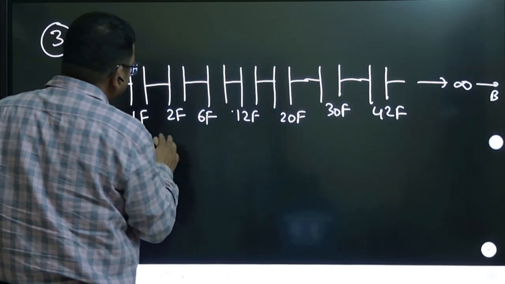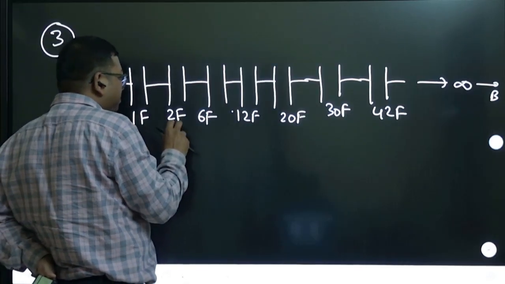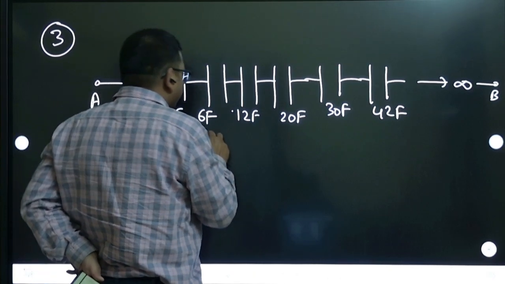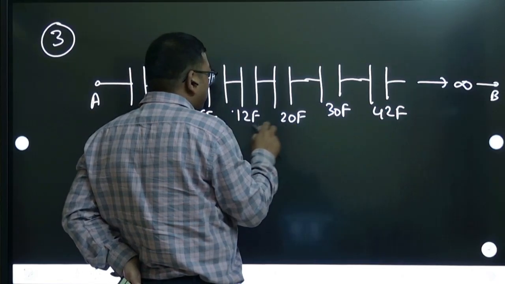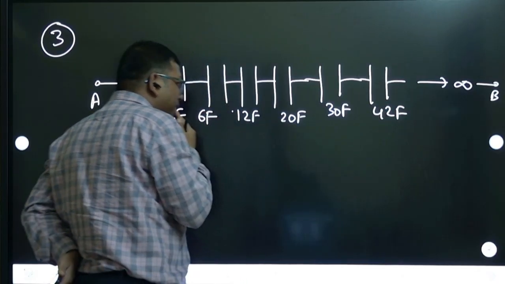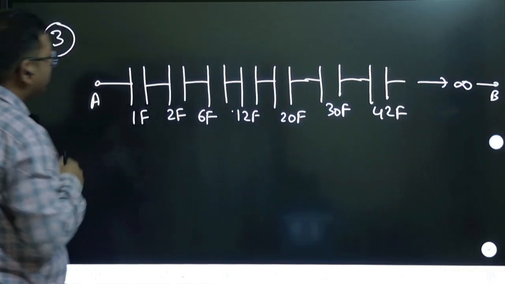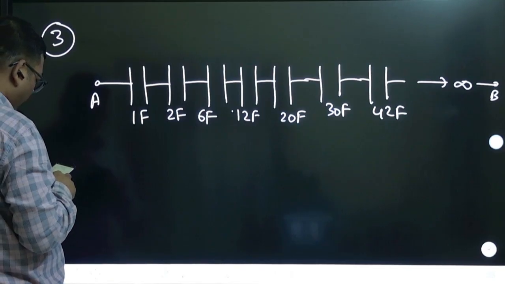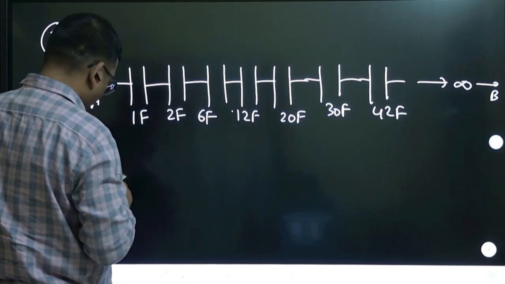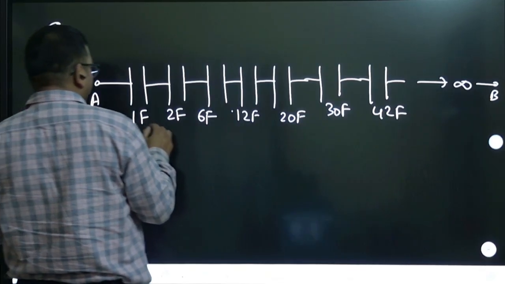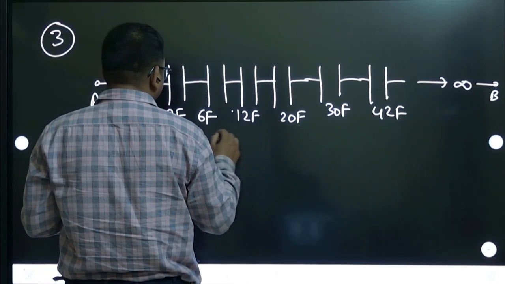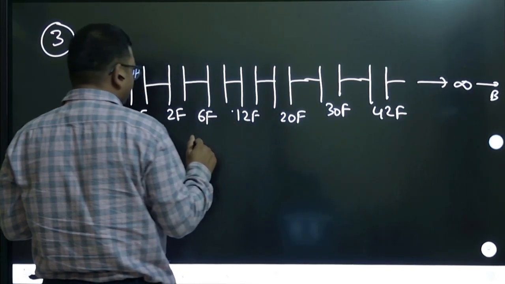So see, something is happening here. Some pattern you have to notice. 1, 2, 6, 12. What kind of pattern is it? Can we try to find out some pattern here? Like 1 into 2, 2 into 3, 6, 6 into 2, again it is coming.